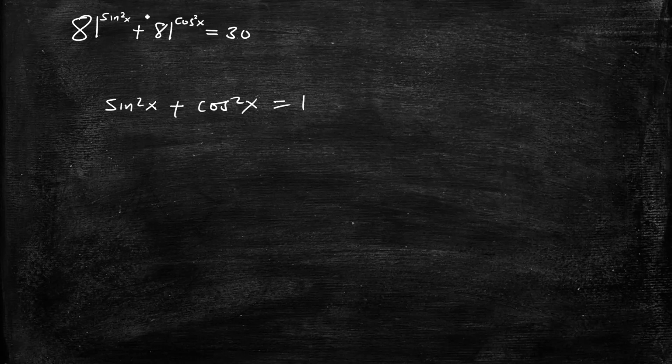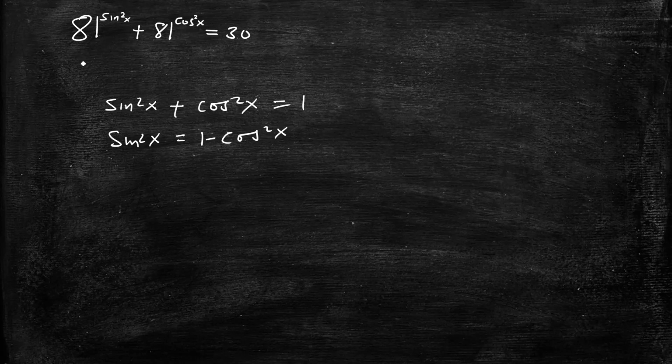Now you can choose to make one the subject and substitute it here or there. So let's pick sine squared x. We can make this one the subject, then substitute it here. So I can say sine squared x is the same as 1 minus cos squared x.